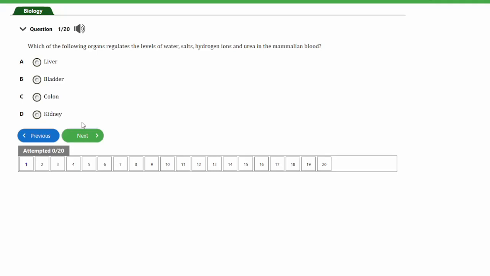The kidney is the organ that regulates the level of water, salts, hydrogen ion, and urea in the mammalian blood, because the kidney serves as a filtering medium, helping to filter the blood and regulate the amounts of these water, salts, hydrogen ion, urea, and so on. So the kidney helps also in osmoregulation. So guys, the answer to this question is option D, and that's the kidney.